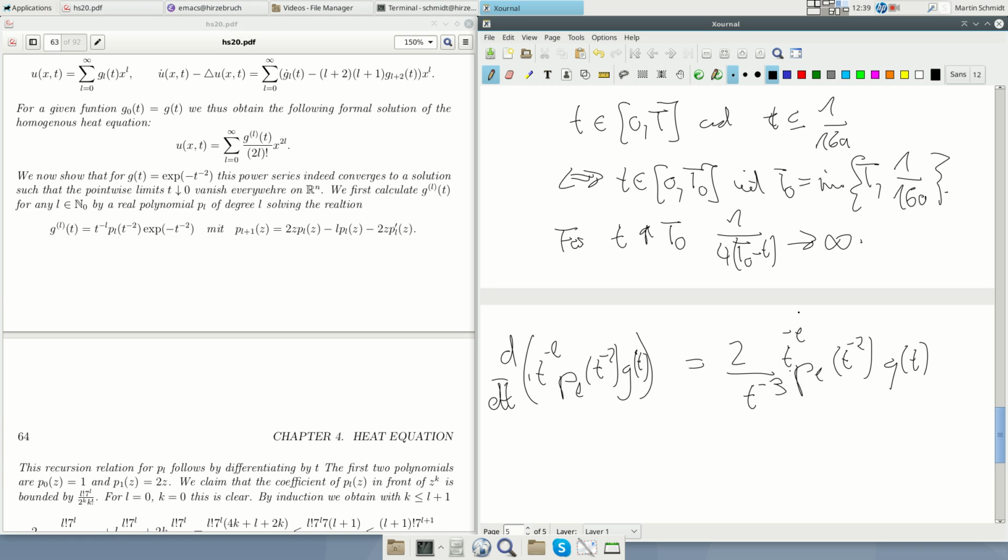This is the first term if we take the derivative here. Now if we take the derivative here, what we get then is again a minus 2.